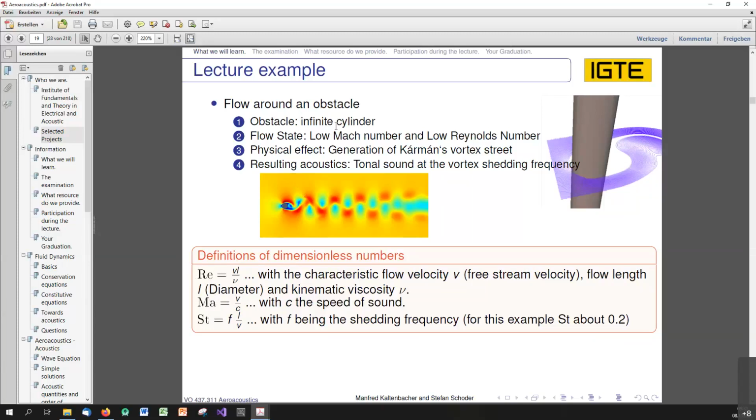For this obstacle in the flow, we have a physical effect called the von Karman vortex street. It has a very typical shape, and a very tonal sound results from it. It occurs typically at Reynolds numbers of about 200, and the resulting acoustics has a dipole shape.